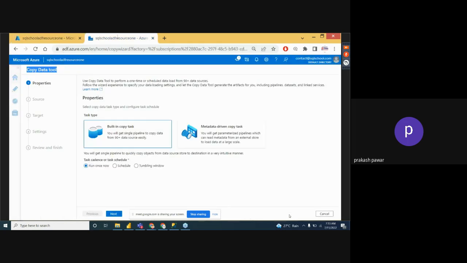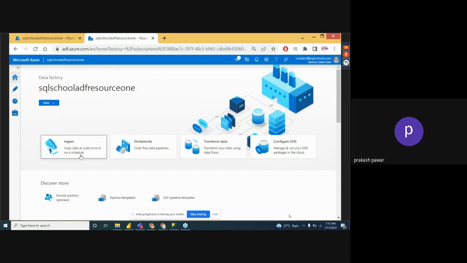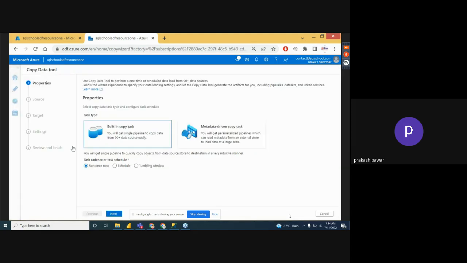Then we get a new tab. Click on ingest, or click on pipeline, and inside pipeline also you see ingest.